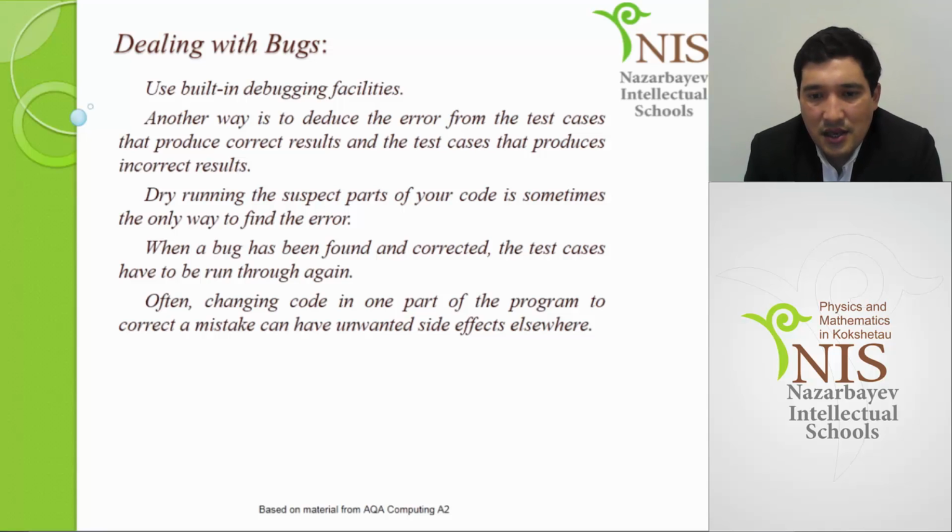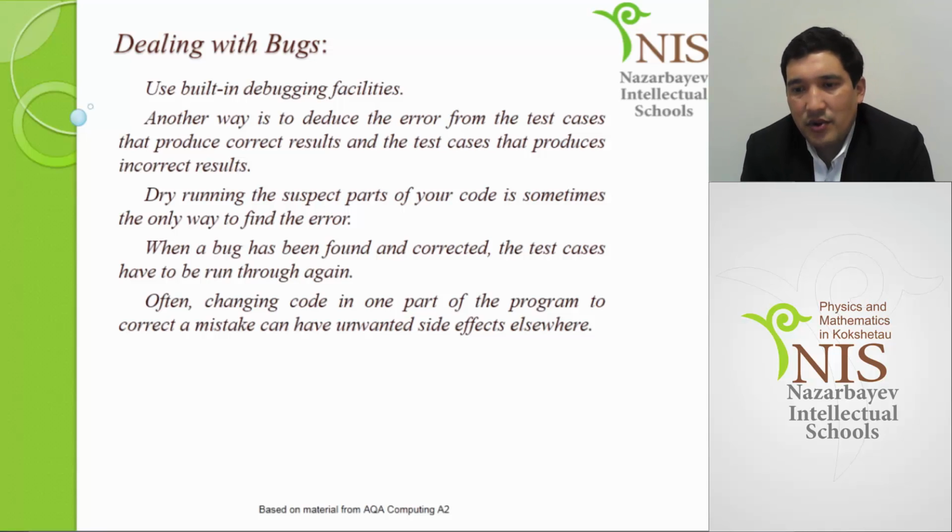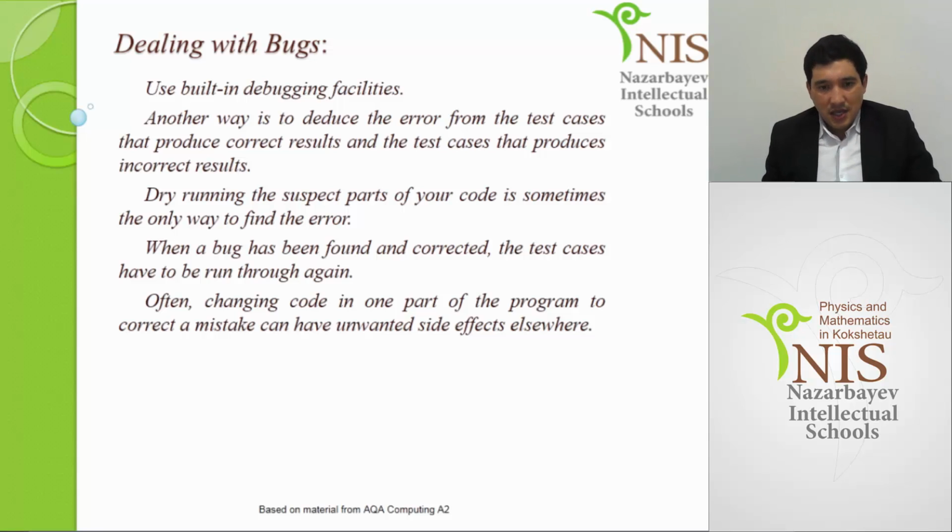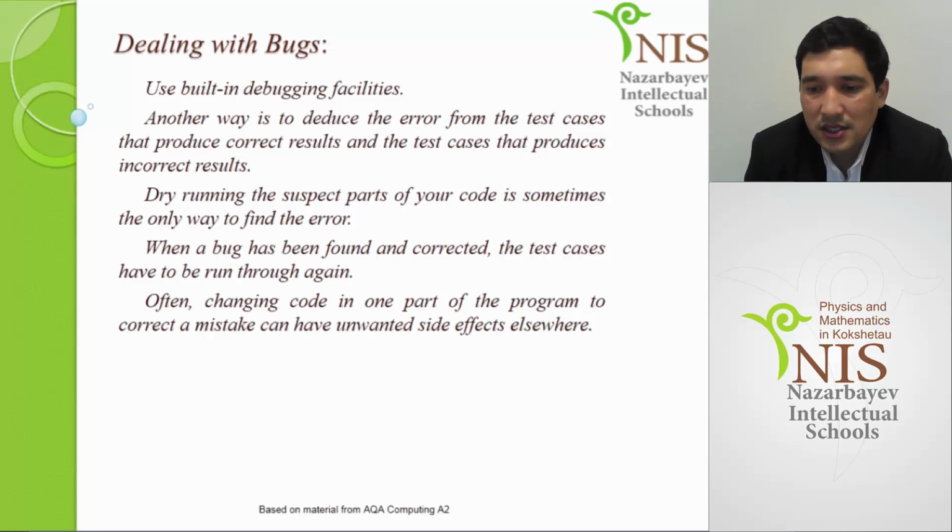Dry running the suspect part of your code is sometimes the only way to find the error. When a bug has been found and corrected, the test cases have to be run again. Often changing code in one part of the program to correct a mistake can have unwanted side effects elsewhere.